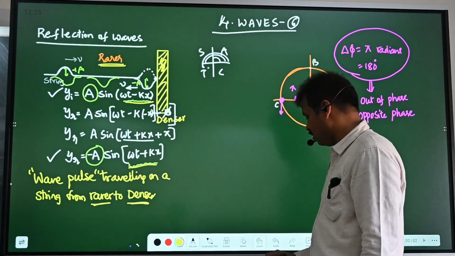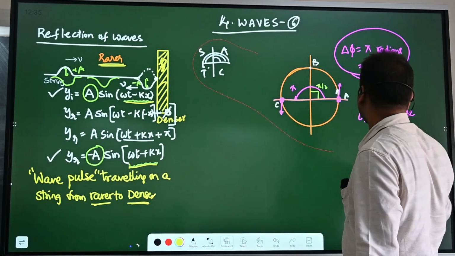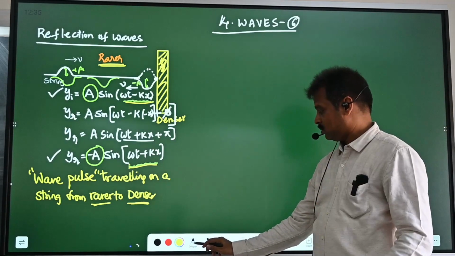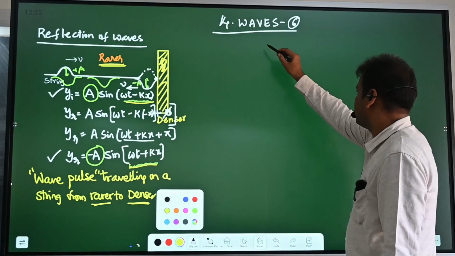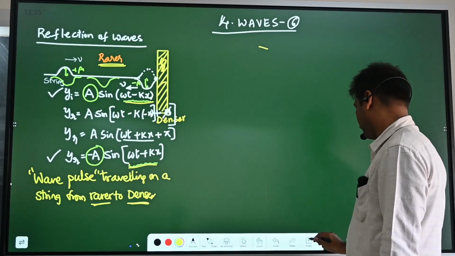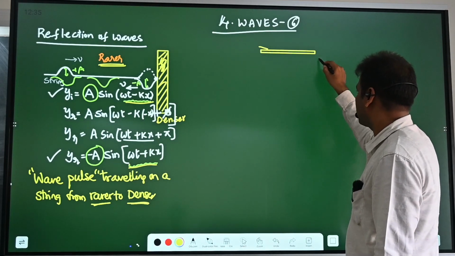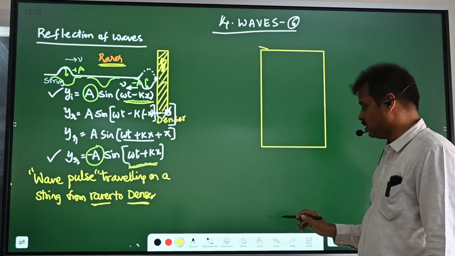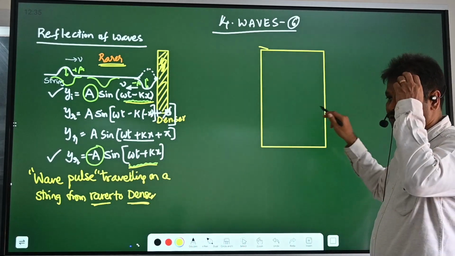We will see now what happens if the wave pulse travels from denser to rarer. So the same thing I am drawing here, students. This is the denser medium. What is this? Denser medium. And the wave is traveling from where to where? Denser to rarer.